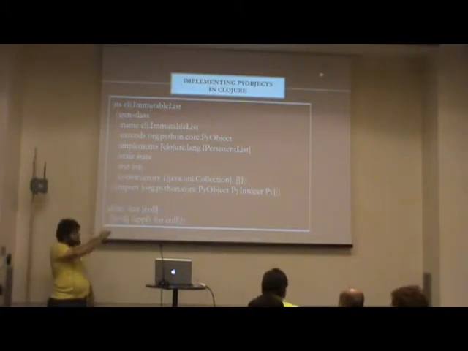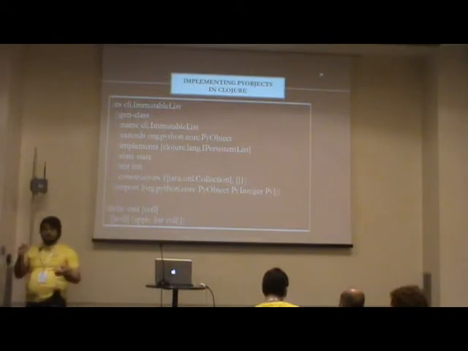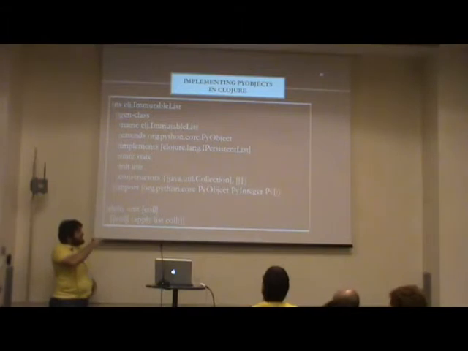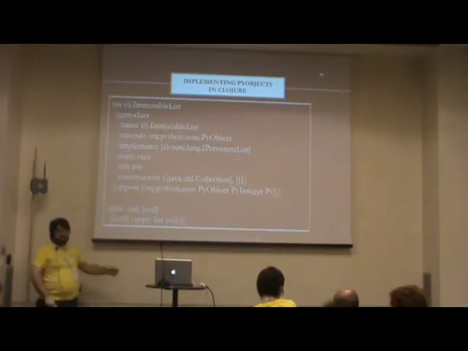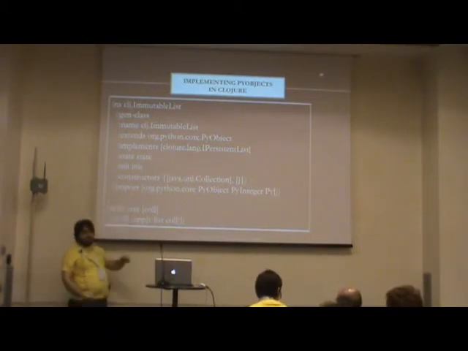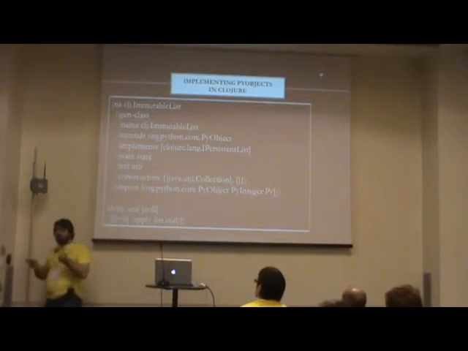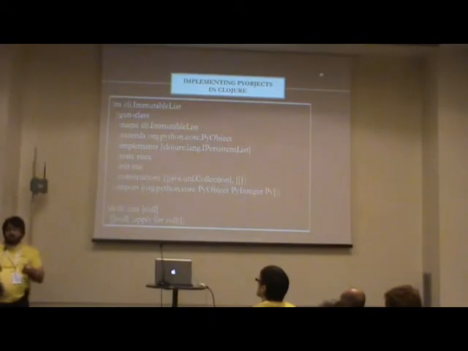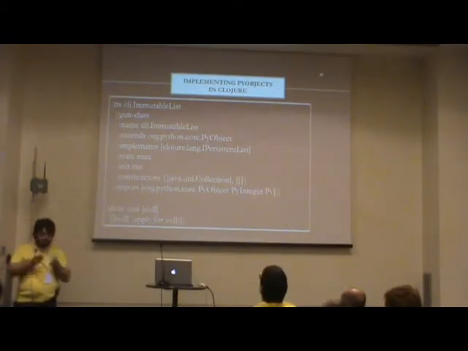This part is about subclasses. We have the immutable list, which takes a collection, and we want to say that when I create an immutable list giving you a collection, you have to call the empty constructor of the superclass. PyObject has a constructor which takes a PyType object.